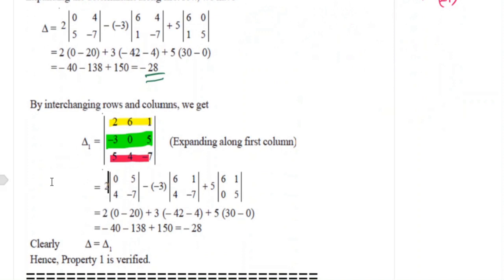Now we are able to find the solution, which results in the same answer, minus 28. So it means by interchanging rows and columns, the determinant's value remains unchanged. Okay, so property 1 is verified. Do you understand this? Good.